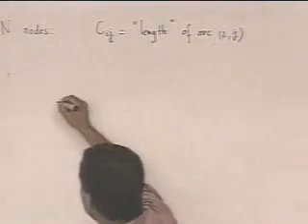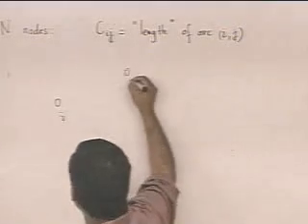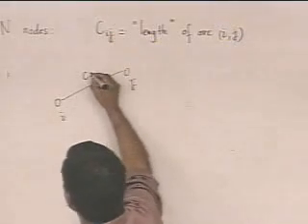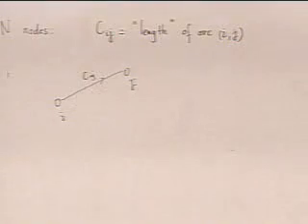So here's node i, here's node j. If I go from i to j, I pay a cost of Cij or get a revenue of Cij. So Cij could be positive or negative. I don't really care what it is.